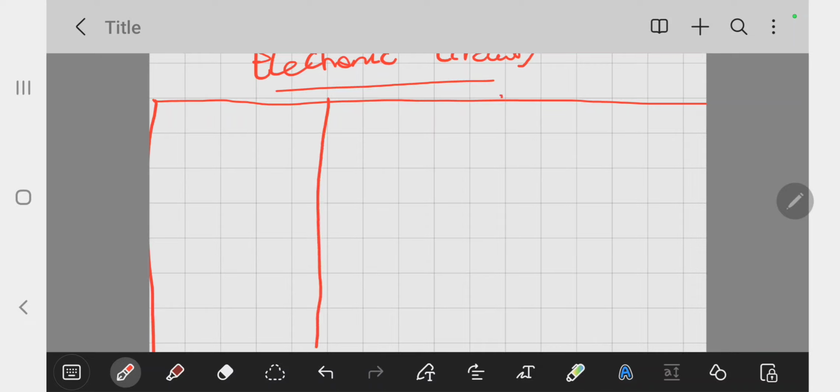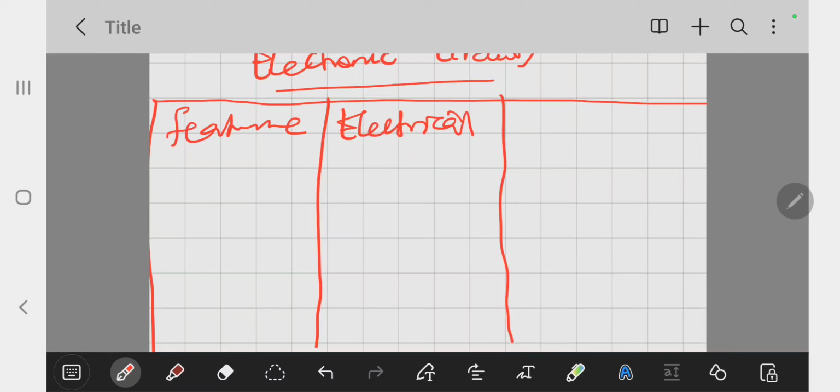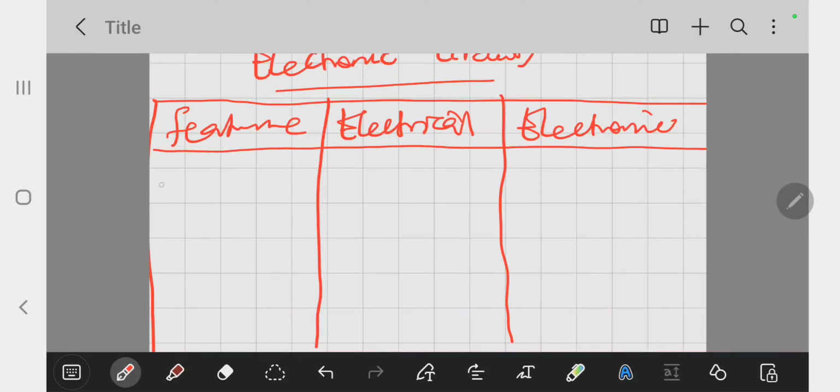Okay, so here we just say feature, then here we'll be talking about electrical circuits, then here we'll be talking about the electronic circuit. So number one, let's look at the nature of the current, comparing the electrical circuit and the electronic circuit.